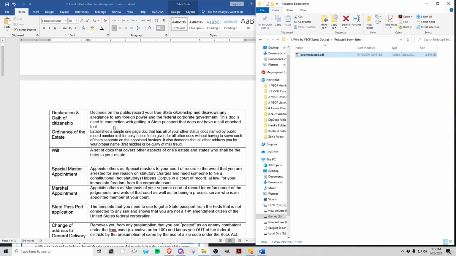The Expatriation Act was signed, I believe, either 3 or 4 days before or after the 14th Amendment was signed and allegedly passed, which of course it wasn't passed by Congress, but that's a whole other story that I covered in another class and I'm not going to rehash it here.